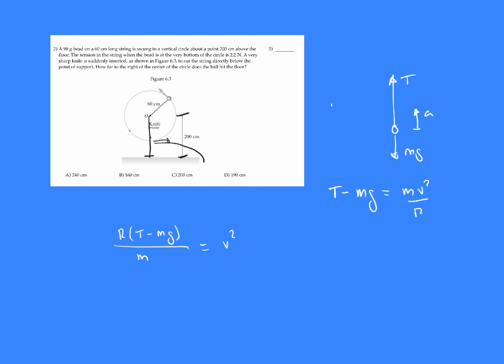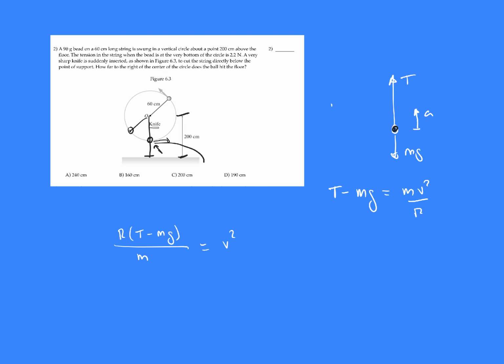So when he's here, coming from here, at the bottom, the free body diagram will show that there is tension going up, there is the weight going down, and because it's a circular motion, there is acceleration going up in this direction.